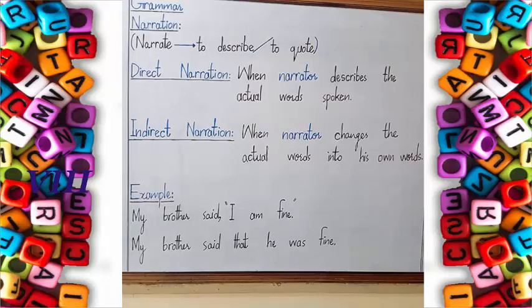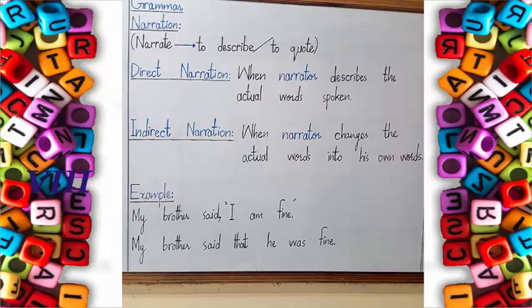What you did, when I told you to repeat the sentence in your own words, you said, Sir, my brother said that he was fine. So you understand the difference between my brother said I am fine, and my brother said that he was fine.